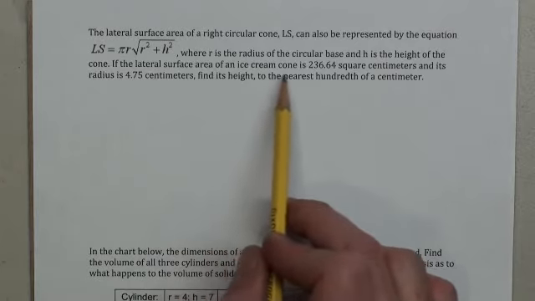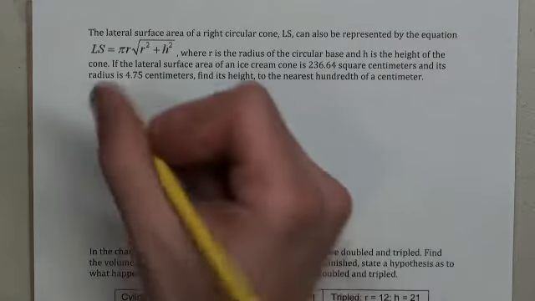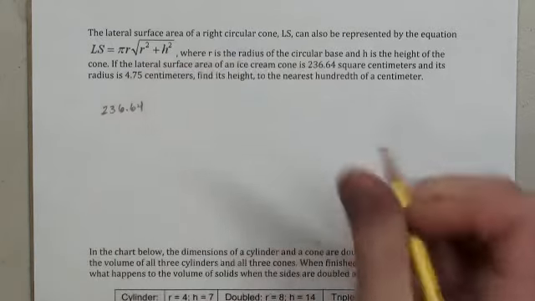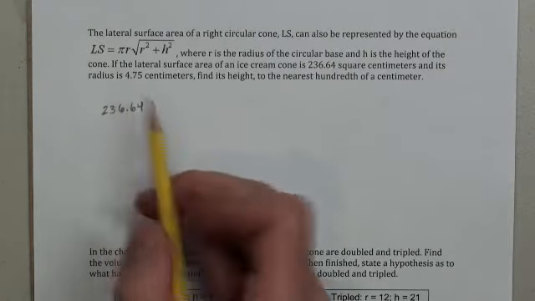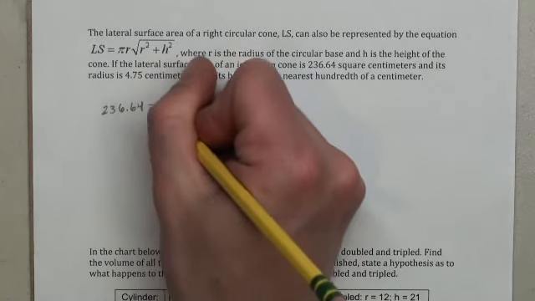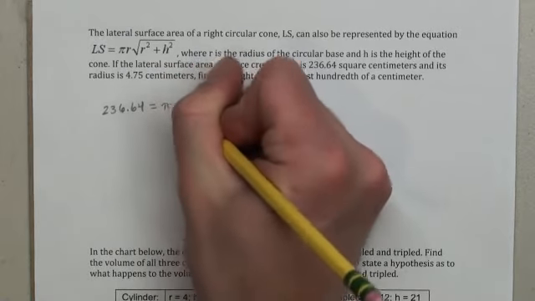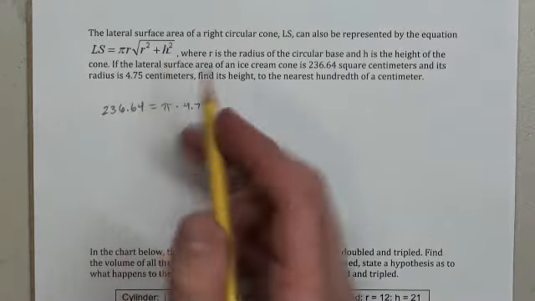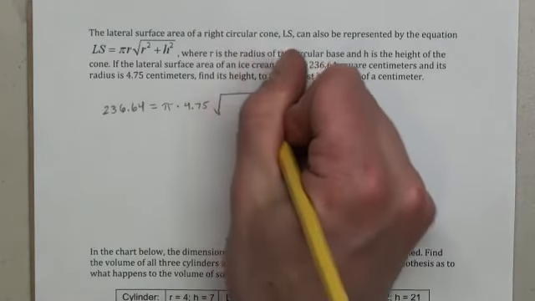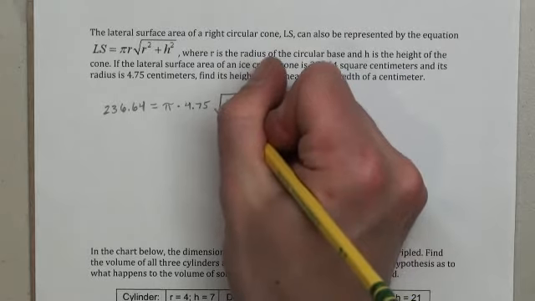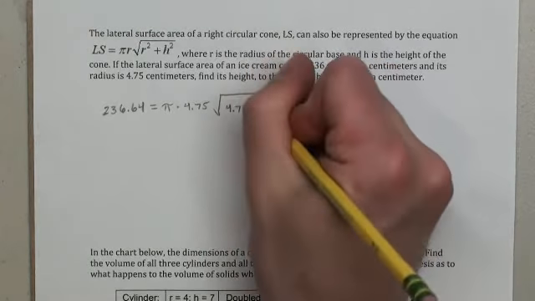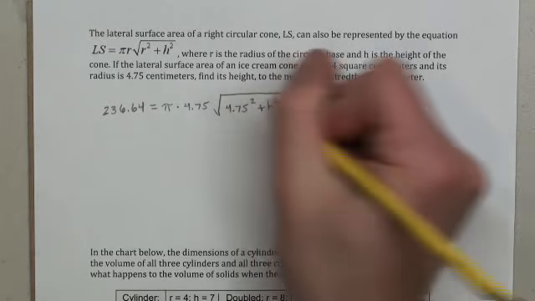If the lateral surface area is 236.64 and its radius is 4.75, so this equals pi times 4.75, I'm just plugging it into this formula, square root of 4.75 squared plus h squared.